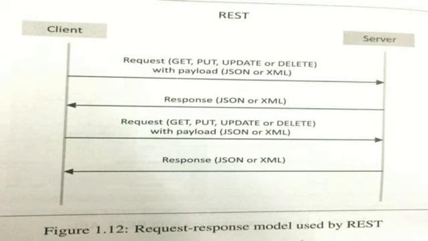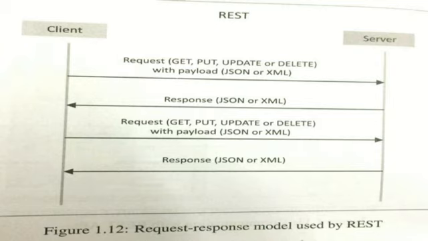This diagram shows a detailed communication between a client and server based on the request response model used by REST. That is, the client always gives a request based on get, put, update, delete, with a payload, as I told you, JSON or XML, these two data exchange formats, sent to the server. The server also will give a response based on JSON or XML.